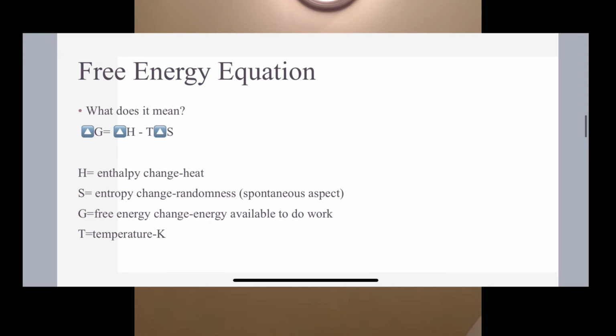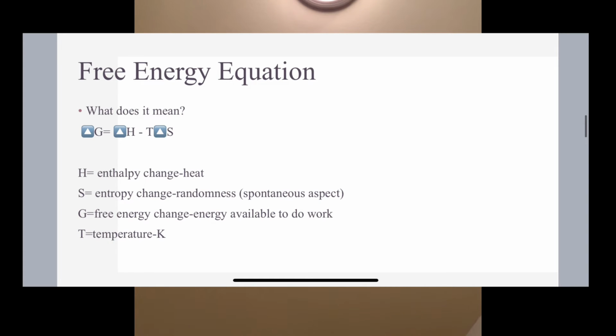The H stands for the enthalpy change, and that's the heat. The S stands for the entropy change, and that's the randomness, because we're all about spontaneousness, and the randomness also has to do with the entropy in a whole system, so that's really important to note here. The G stands for the free energy change, which again goes hand in hand with the energy available to do work, and the T stands for the temperature.